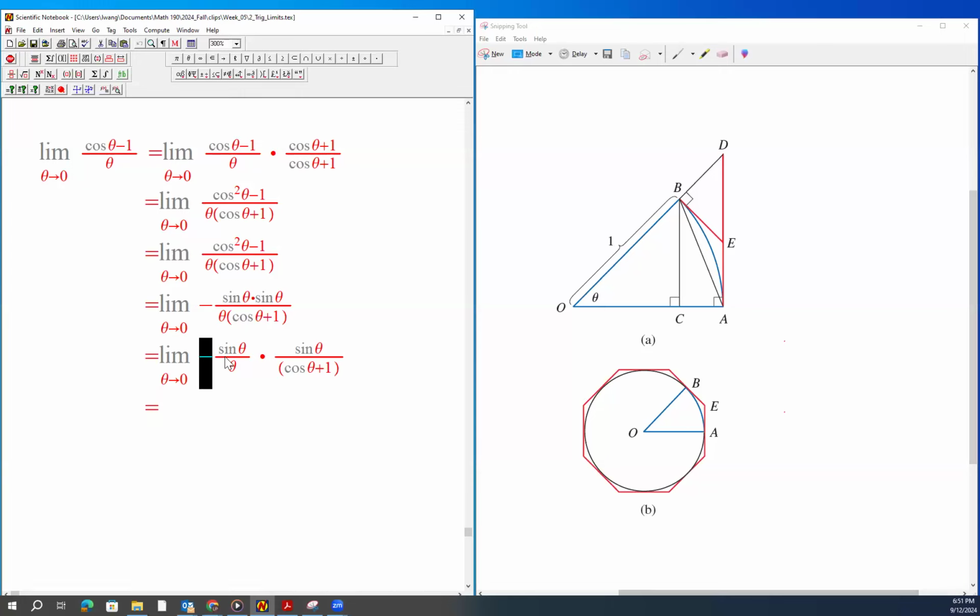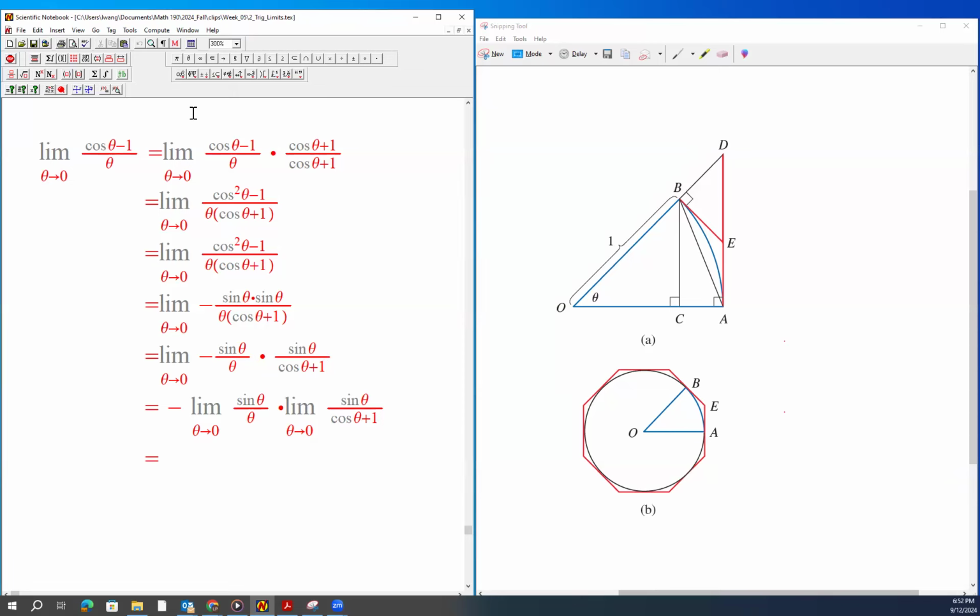So this limit is going to be applied over here, and this other limit will be applied to the other factor. Now we can remove that parentheses. We don't really need it. And let's see what we got.